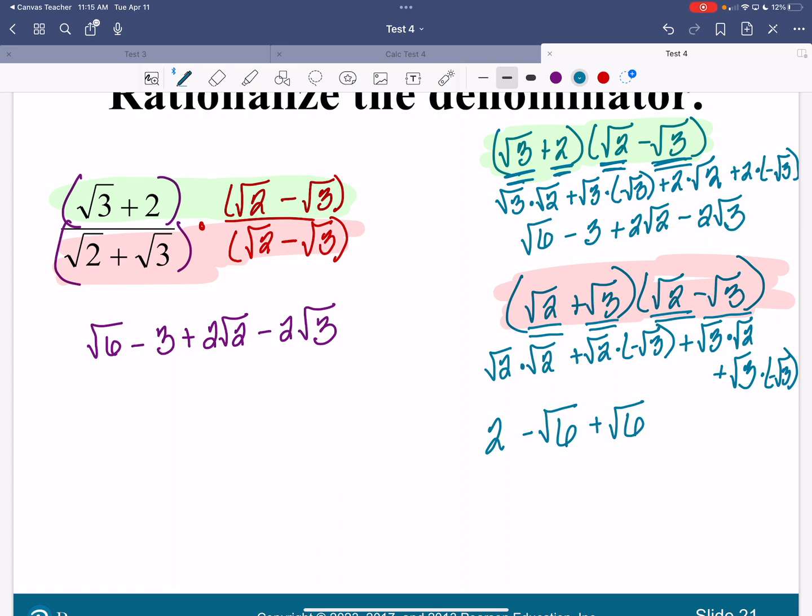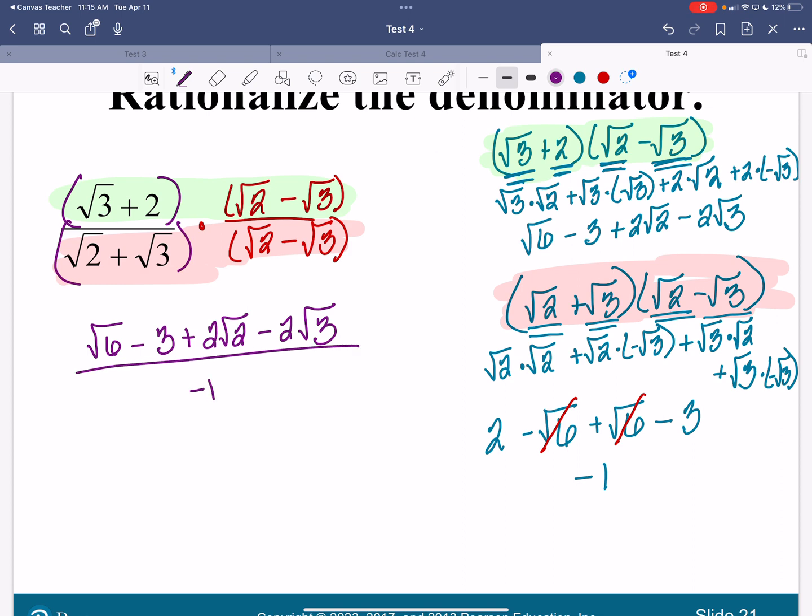And then I've got minus square root of 3 times square root of 3. Good. Okay, these cancel because that's what we wanted to happen. And what's 2 minus 3? Good. So this one is also going to have a negative 1 in the denominator.